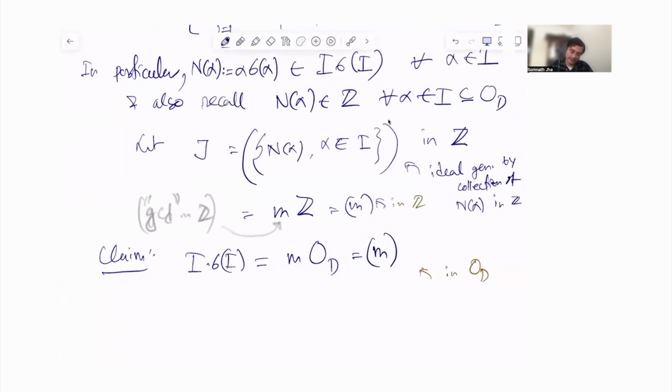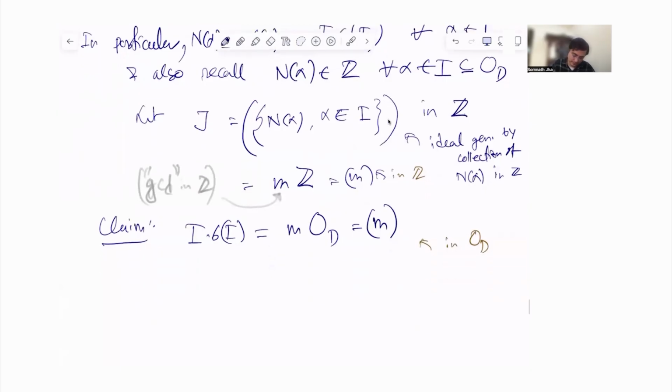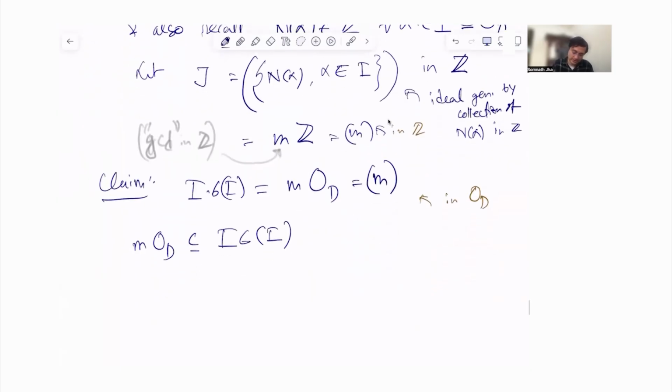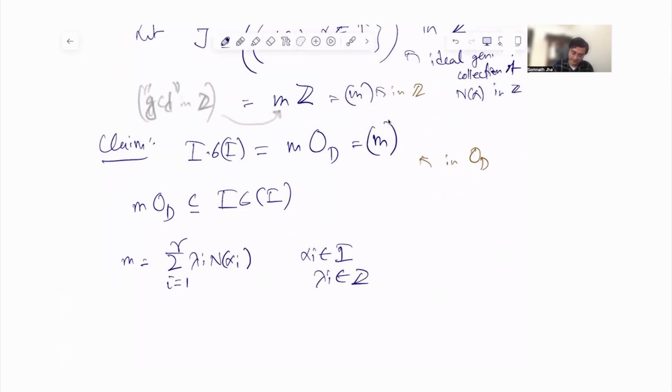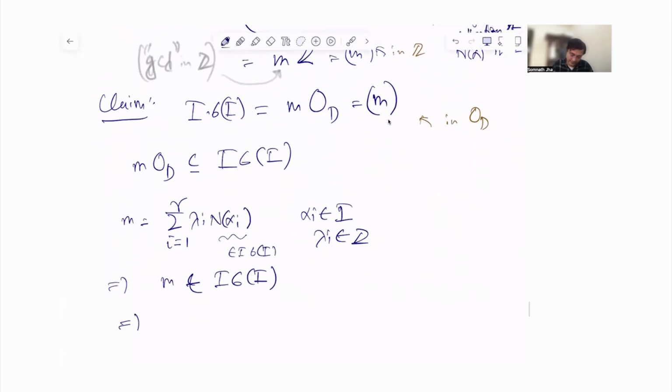I am claiming I times sigma I equals M O_L. First, I have to show that M O_L is inside I times sigma I, and that is easy because M, since it is generated by these, is a sum of lambda_i times norm of alpha_i, i equal to 1 to r, where alpha_i belongs to I and lambda_i belongs to Z. By definition, all these norm elements are inside I times sigma I, so M is also in I times sigma I. So M times O_L is trivially inside I times sigma I.